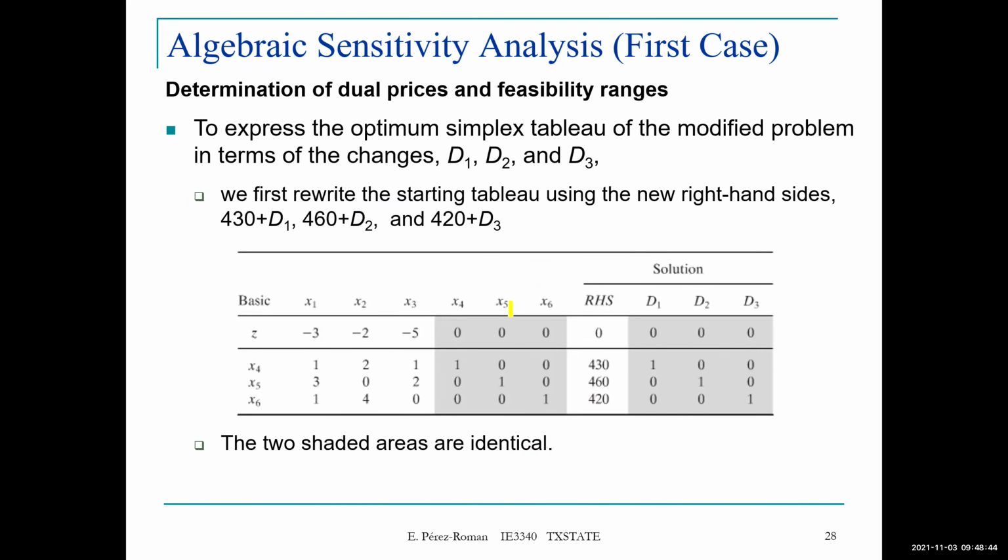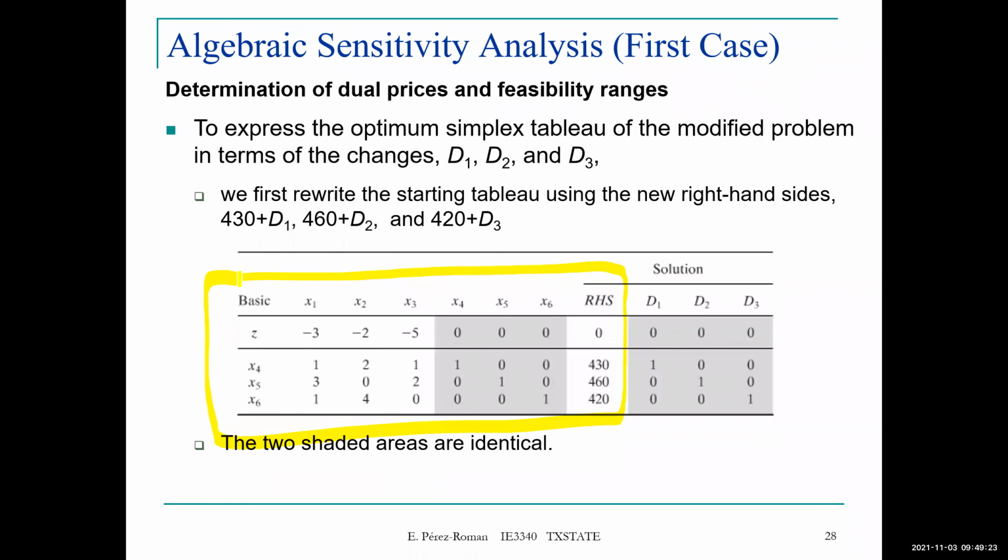So to express the optimal simplex tableau of the modified problem in terms of the changes D1, D2, and D3, we first rewrite the starting tableau using the new right-hand sides, 430 plus D1, 460 plus D2, and 420 plus D3. So what that means in terms of our initial tableau is, if you set up the initial tableau to solve this problem, this is going to be the initial tableau.